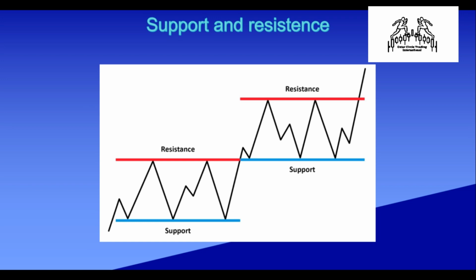In a resistance area, we are looking for selling opportunities. When a resistance is broken, it turns into a support level. It supports price, it pushes price up. So this is just the basics of support and resistance. And when a resistance is broken, it turns to support, and when a support is broken, it turns into a resistance.